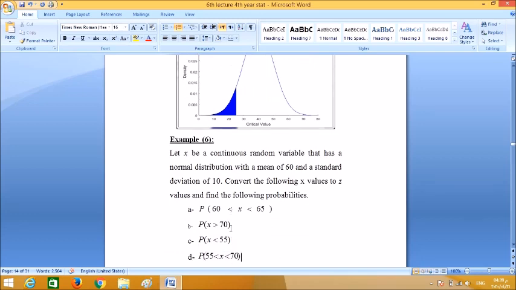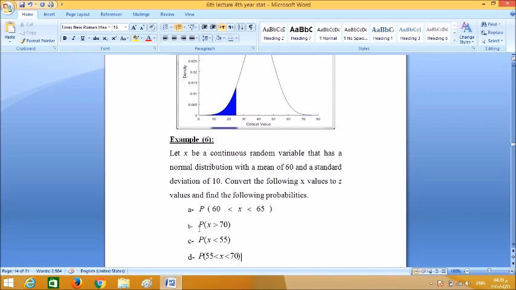Example 6. Here the mean of the normal distribution is 60 and the standard deviation is 10. Then we need to compute z. The first probability is the probability that x is greater than 60 and less than 65.